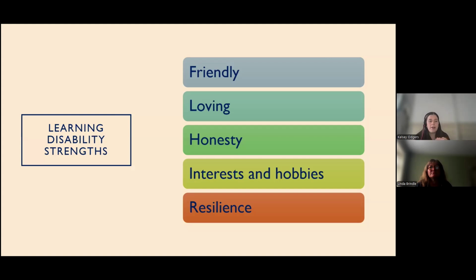So along those same lines, thinking about learning disability strengths now, people with a learning disability are often friendly, loving, honest, and kind. They have some interesting hobbies and other interests that they usually like to share with other people. And people with a learning disability often face many challenges, but can be really resilient.